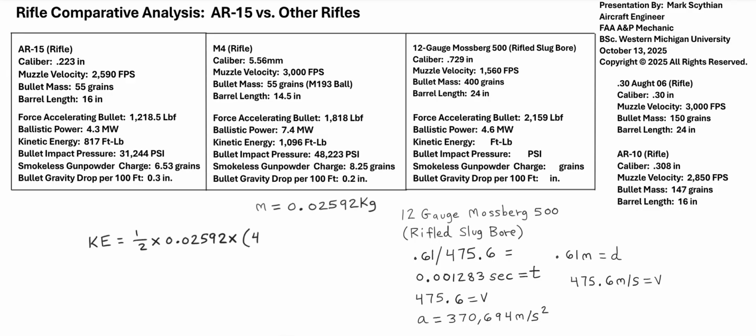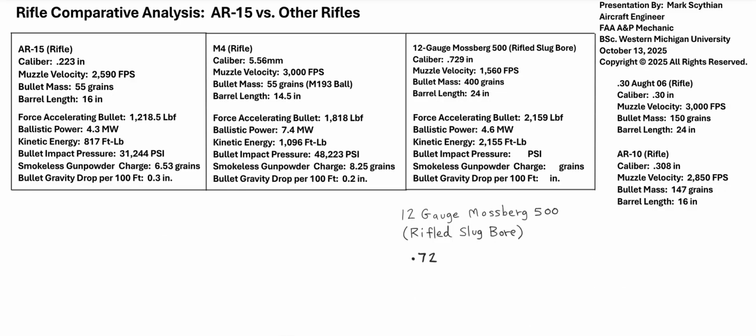So we have a ballistic power of 4.6 megawatts with a 12 gauge Mossberg 500 carrying a 400 grain round, 1560 feet per second, 24 inches. And so the kinetic energy is evaluated at 2155 foot-pounds.